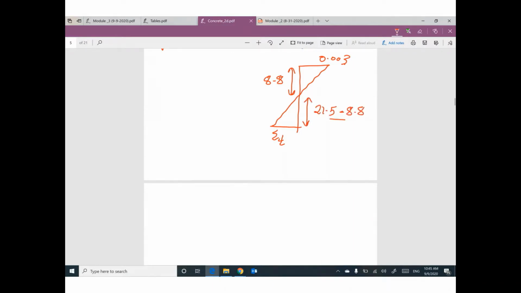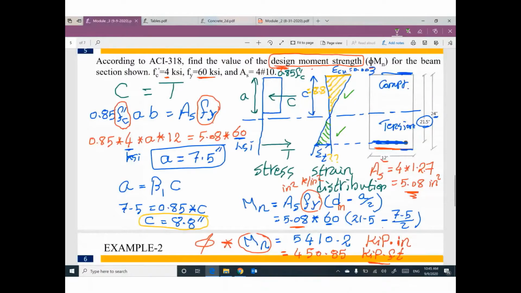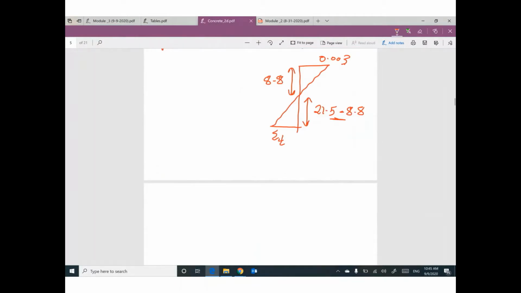Go back. The total distance between the top and the steel reinforcement, 21.5. The distance between the top and the neutral axis, 8.8. So the remaining distance will be 21.5 minus 8.8. This one will be 12.7.